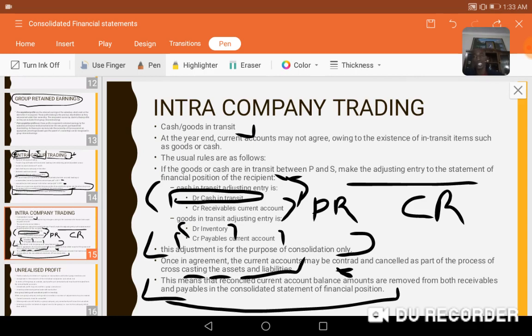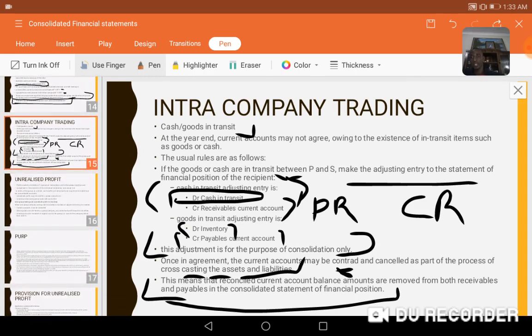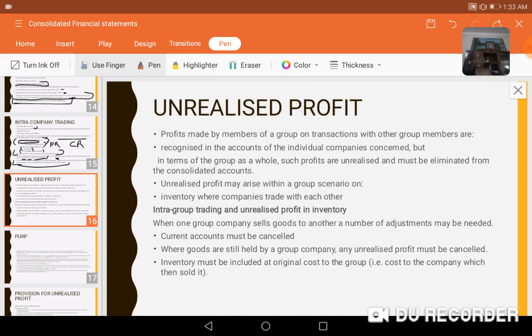So it's the same thing here under consolidation. So we have what is called unrealized profit. Profit made by members of the group on transactions with the other members.